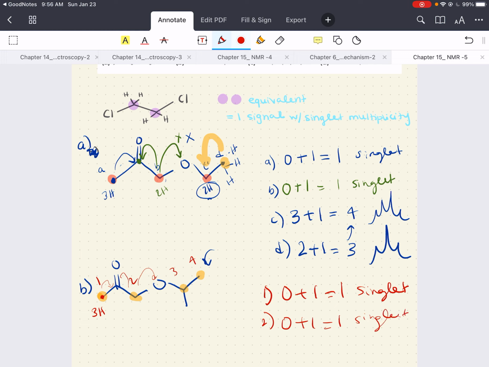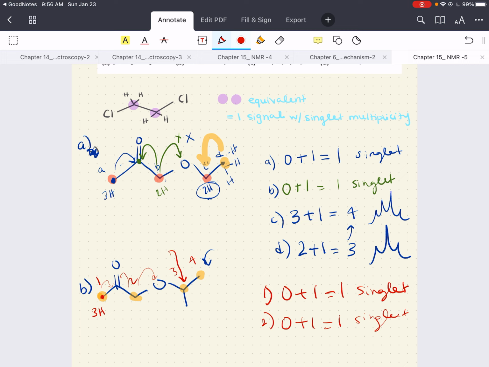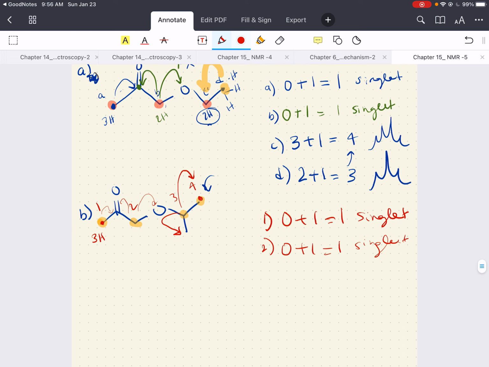Fantastic. Let's look at position 3 here. There is only 1 hydrogen here, but how many neighbors does this hydrogen have? Let's look. To this side, there are 3 neighboring hydrogens, and on this side, there are 3 more.